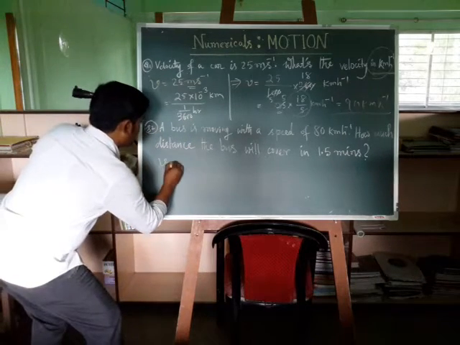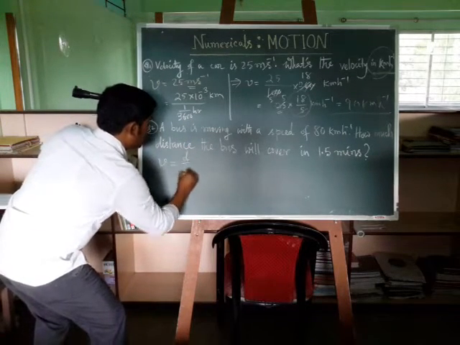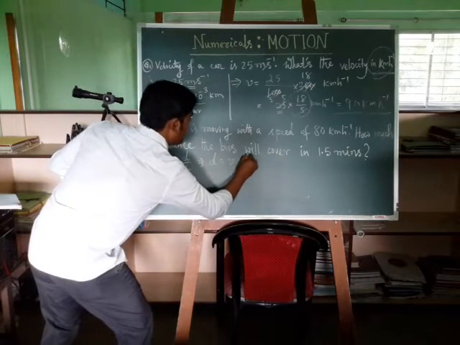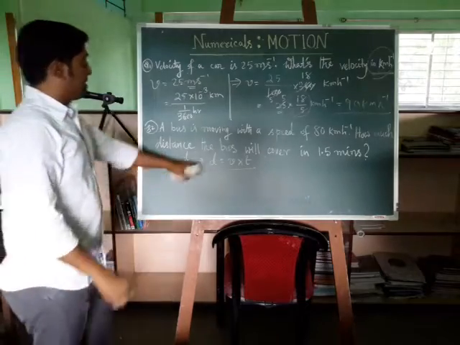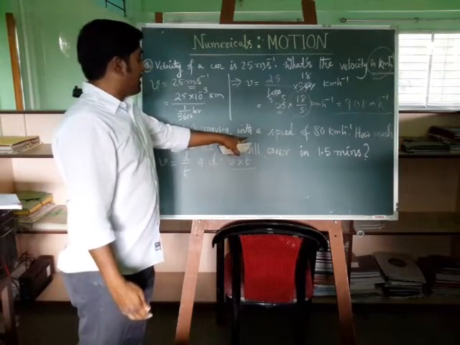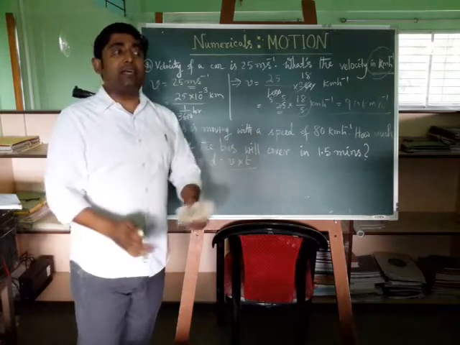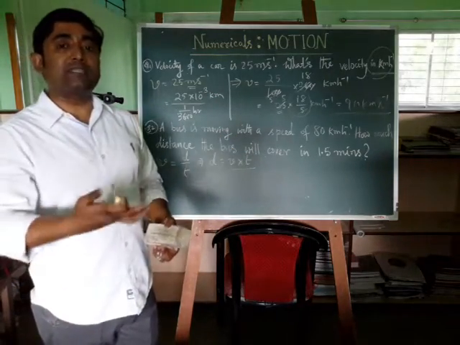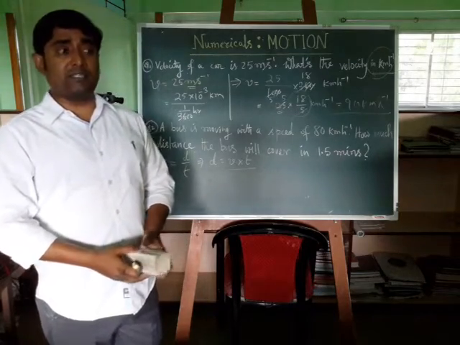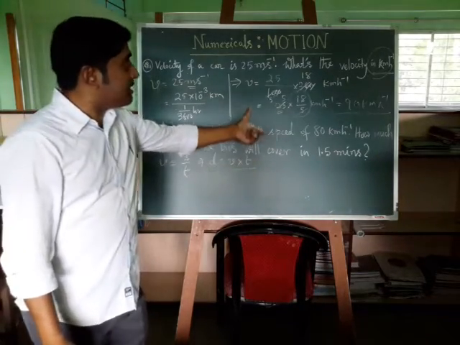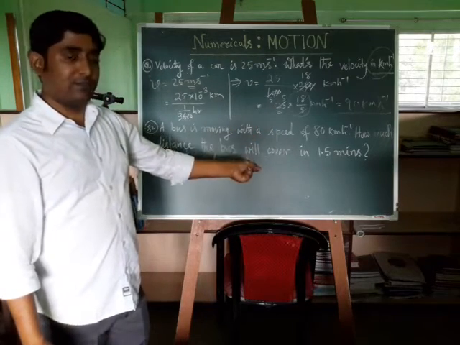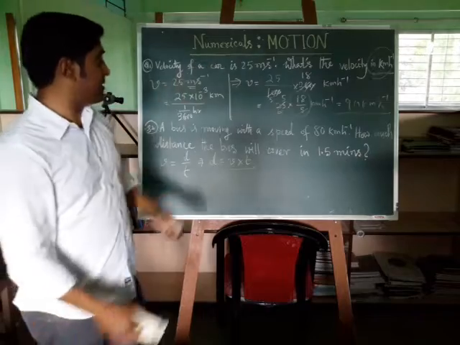We know velocity equals distance upon time, or distance equals velocity into time, and we prefer to use SI unit, but as I have told you, in our daily life the speed of vehicles is expressed in kilometer per hour, and the distance covered by those vehicles is expressed in kilometer. So we can also find the answer in kilometer. No need to write in meter. Okay, but if you write it in meter, that's fine.